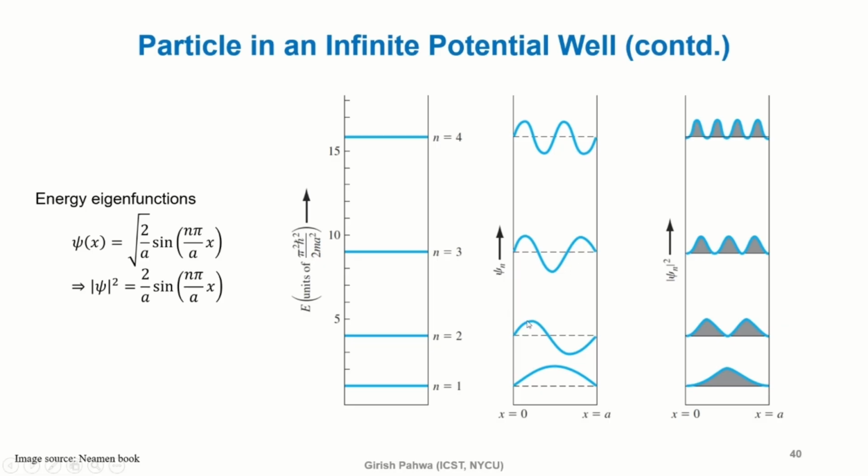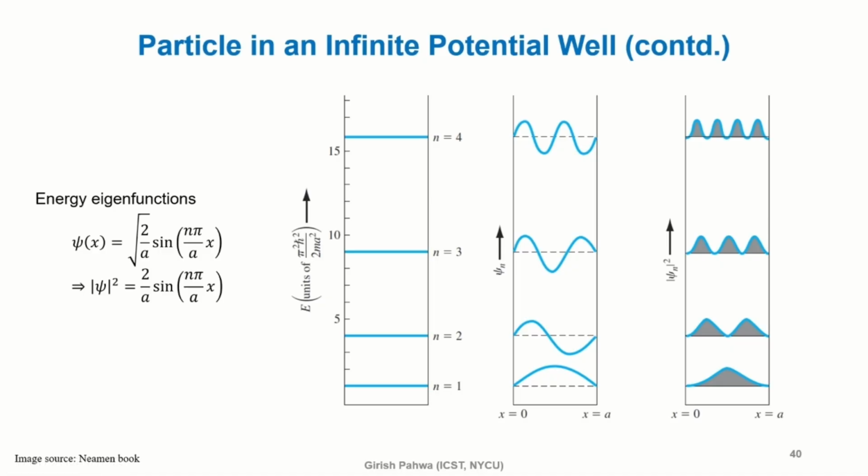Similarly, when you go higher, n equal to 3, you will have two extra nodes, so in total 1, 2, 3, 4 nodes, and the mod psi square will look like this. Go higher, and the nodes become even larger in number. So that's how your wave function is going to look for a particle in an infinite potential well.